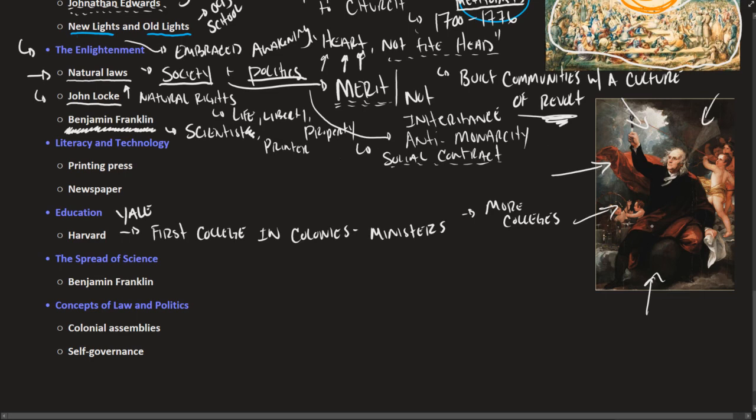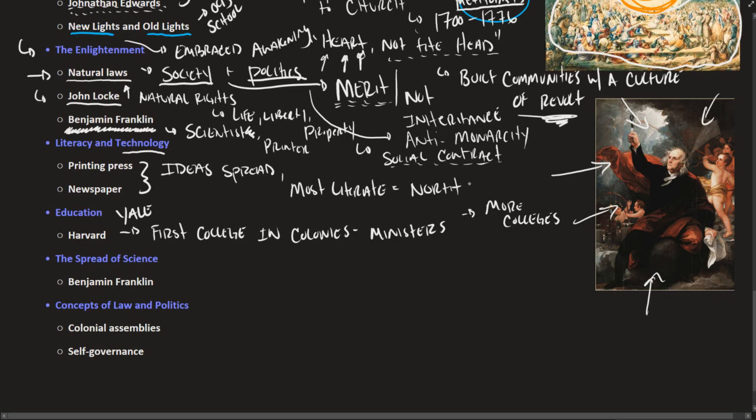Now, thanks to technology, specifically the printing press and the newspaper, ideas spread very rapidly in the 13 colonies. It was one of the most literate places in the world, especially the North, right?